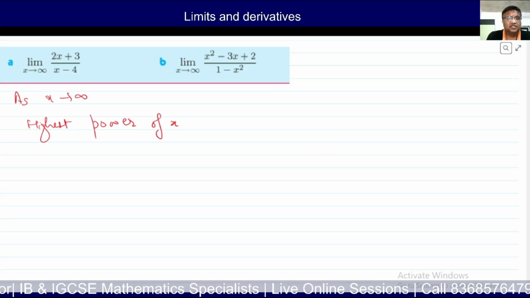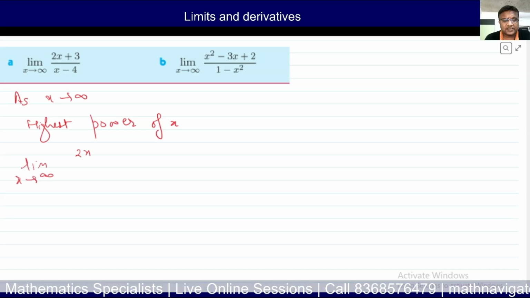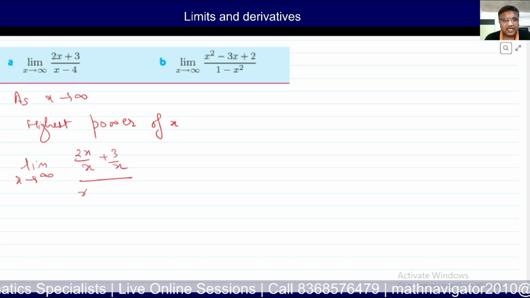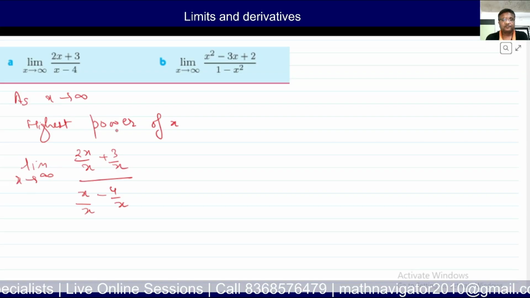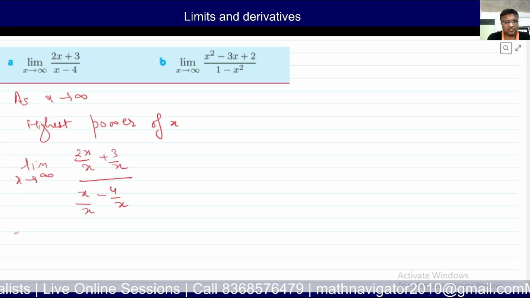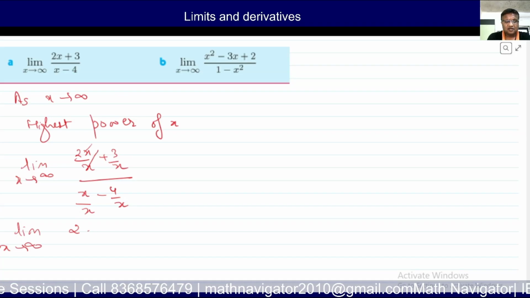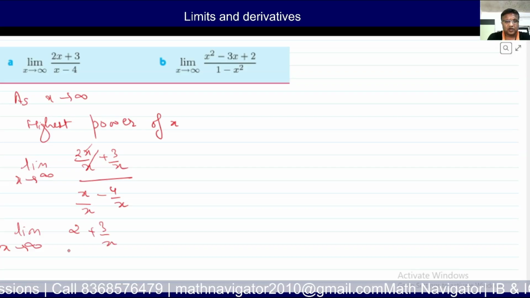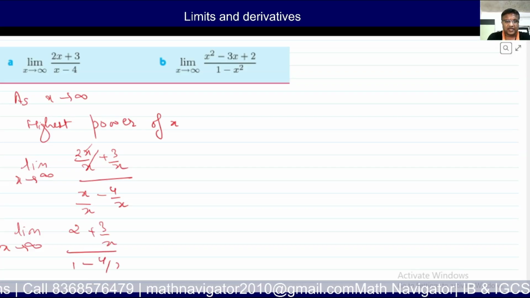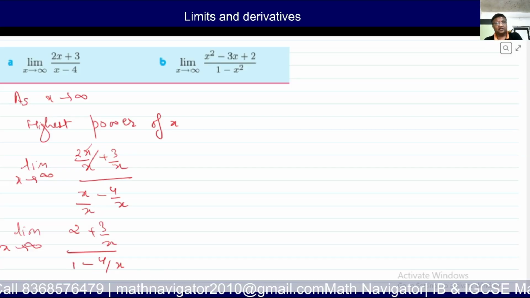So what I am going to do is limit x tends to infinity of 2x plus 3 over x minus 4. I'm dividing everything by x: 2x over x plus 3 over x, over x over x minus 4 over x. So this becomes limit x tends to infinity of 2 plus 3 by x over 1 minus 4 by x. So anything over infinity is 0.